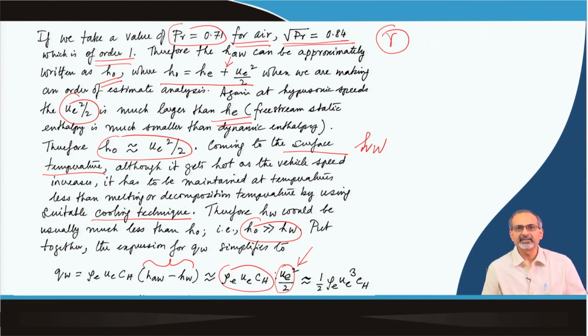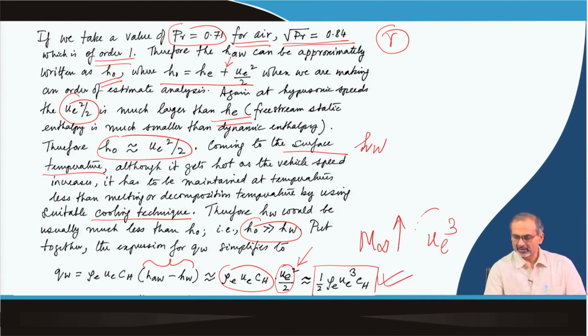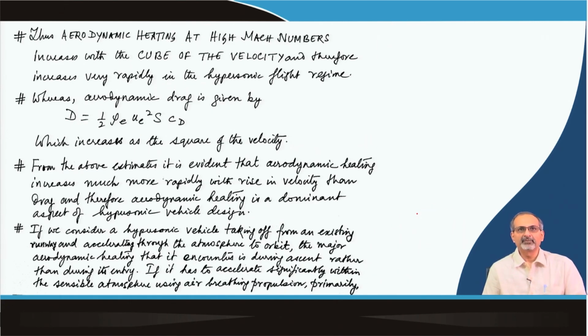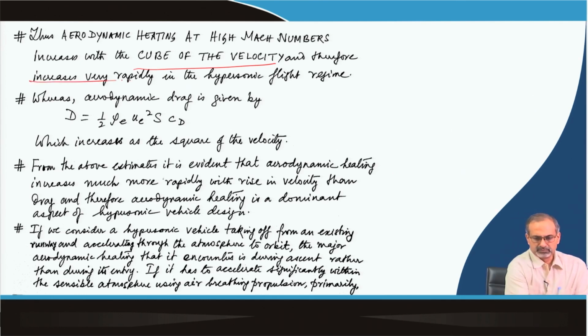So, as far as engineering estimates are concerned, this is perfectly okay, especially when Mach number becomes large, and therefore, we have a relation like this where we see that the QW depends on the cube of UE. Thus, aerodynamic heating at high Mach numbers increases with the cube of the velocity, and therefore, it would increase very rapidly as the Mach number increases.